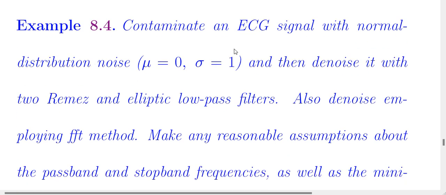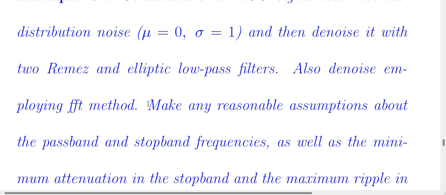Contaminate an ECG signal with normally distributed noise with a mean of 0 and standard deviation of 1, and then denoise it with Remez and elliptic, which we have kept in competition. Two low pass filters this time, Remez and elliptic. Also denoise employing the FFT method.